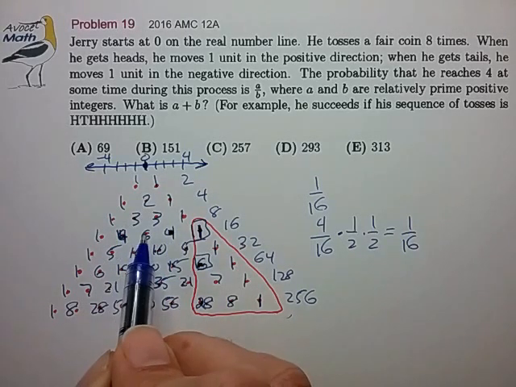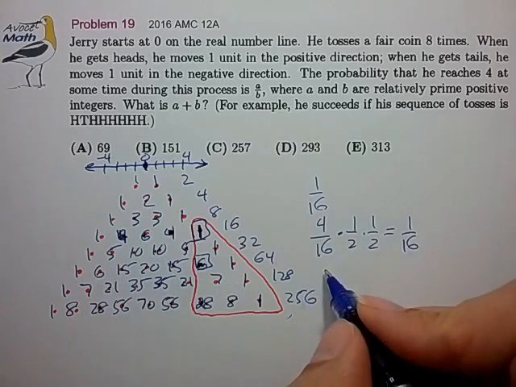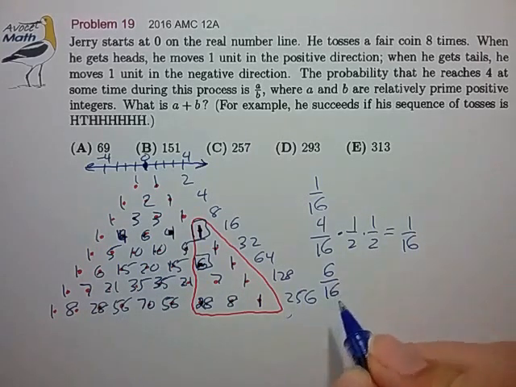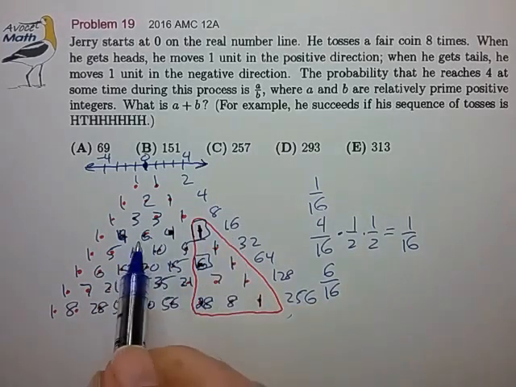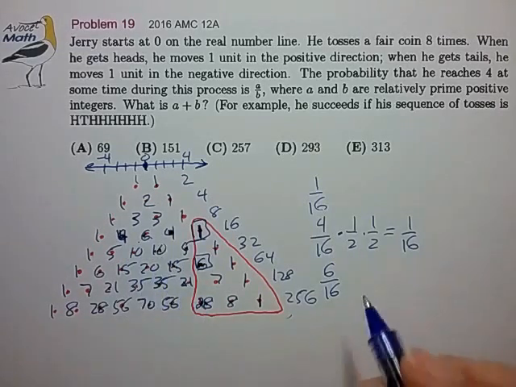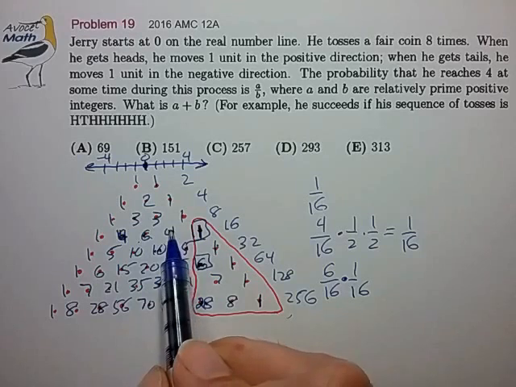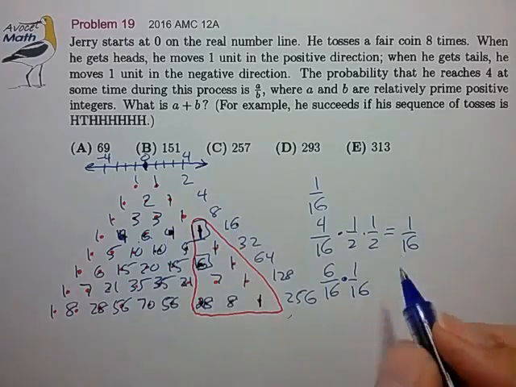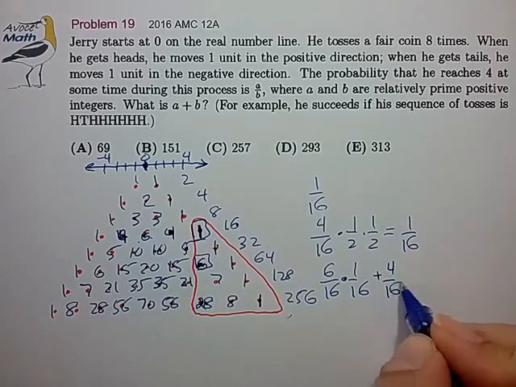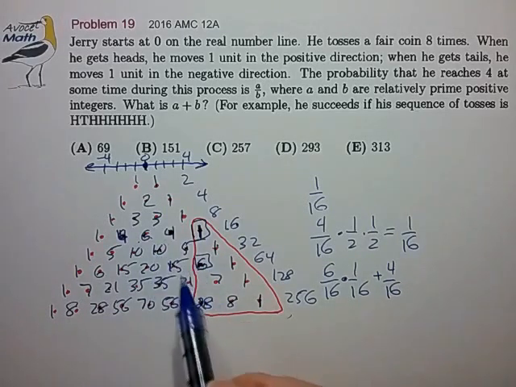So for this lattice point, the probability is 6 over 16, times 4 right turns, plus the probability of getting to this lattice point, 4 divided by 16, and making a left, right, right, right.